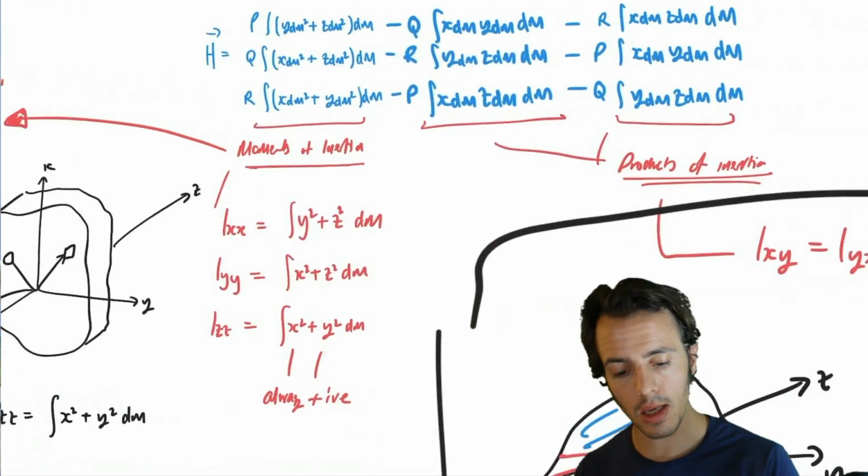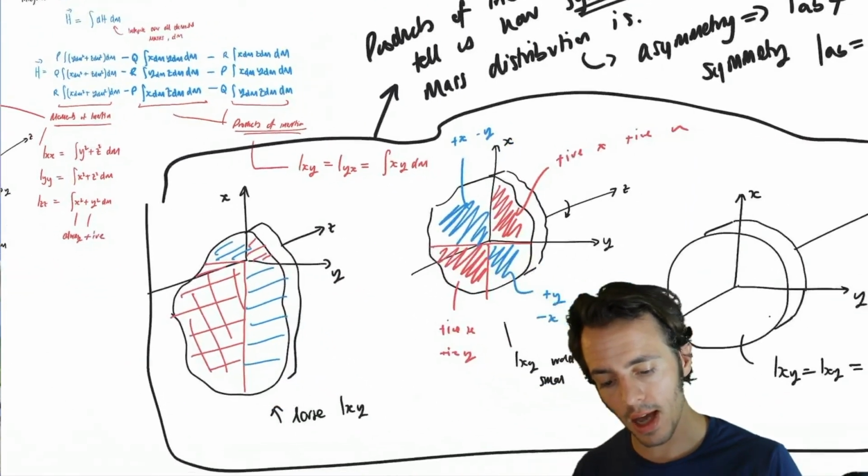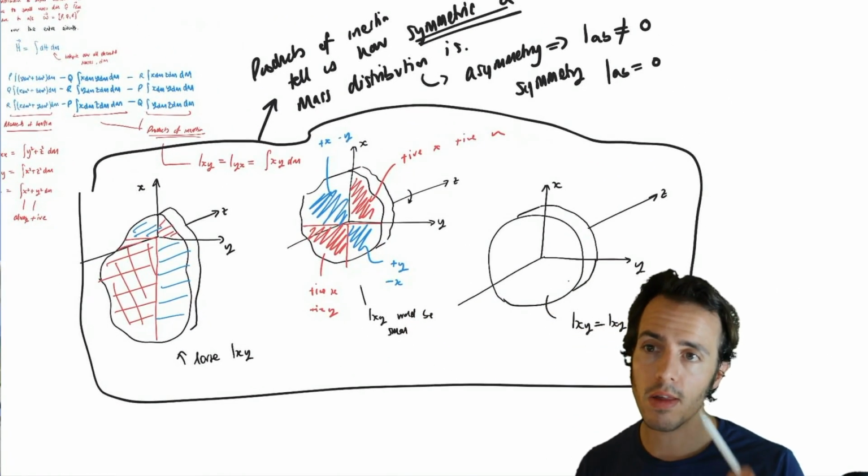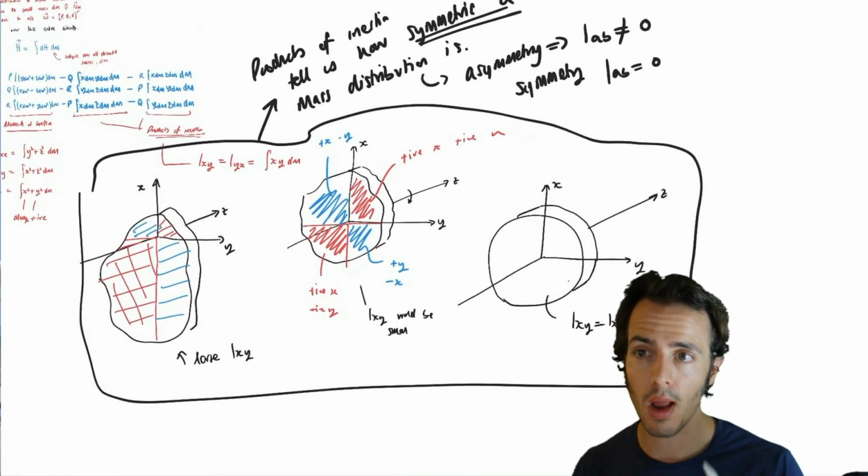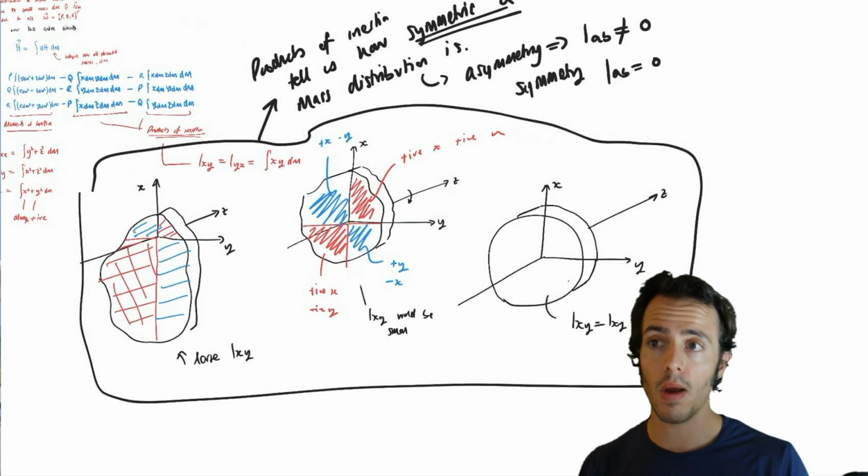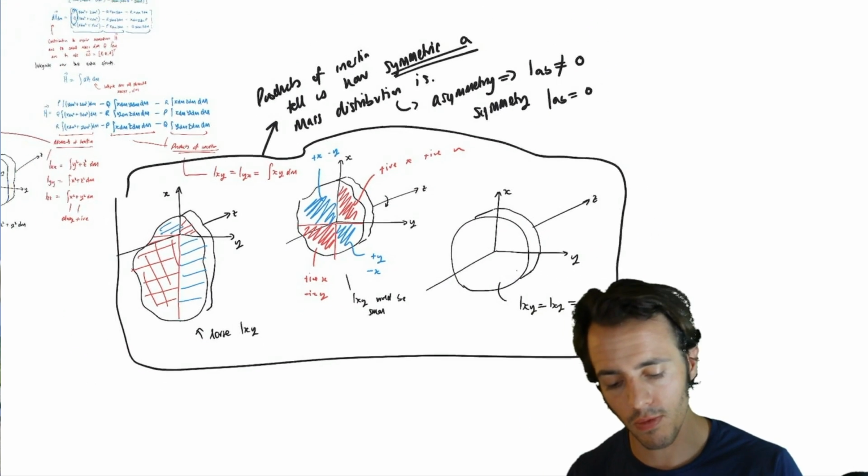Okay, it'll keep going. Products of inertia, on the other hand, tell us how much force needs to be applied, or the moment that needs to be applied to keep something going at constant rates.